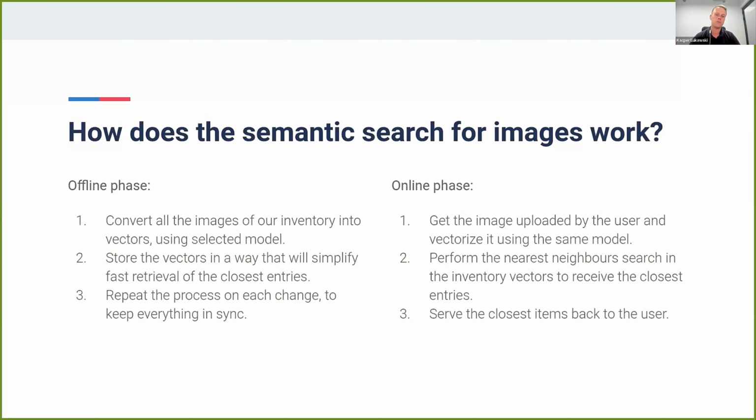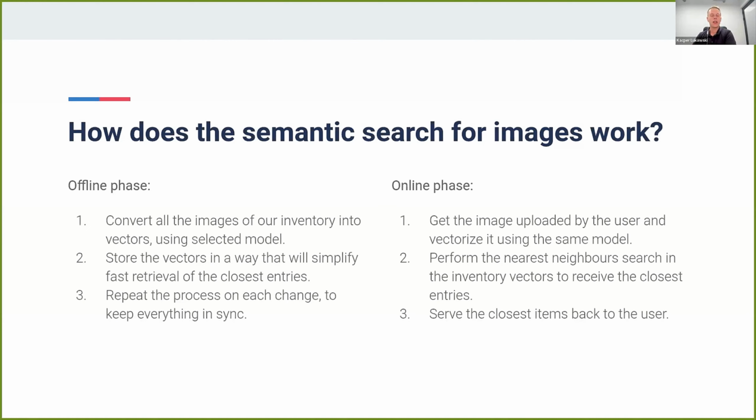Let's say we have a new item to be sold. If we detect this change, we should create the embeddings of all the images of that particular item and expose them to the search mechanism, so we can sell the new products as well, not only the old inventory we have. So there is a sync process required, but the same was true for the good old full text search.